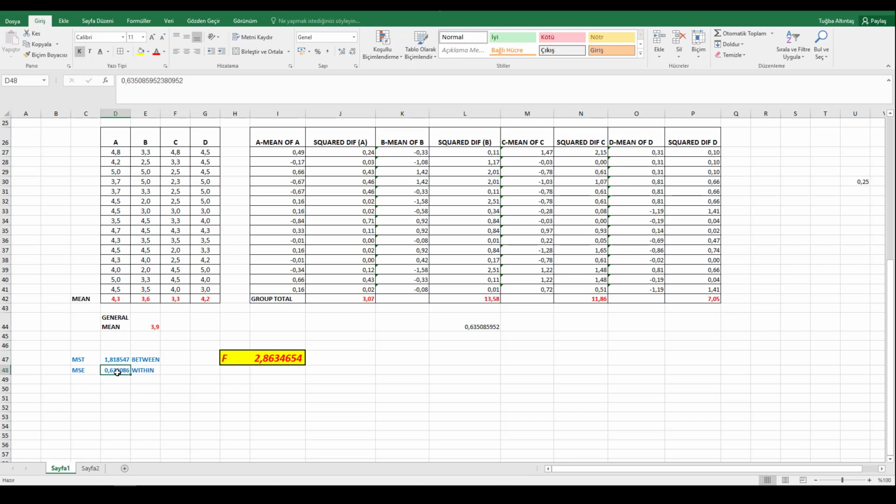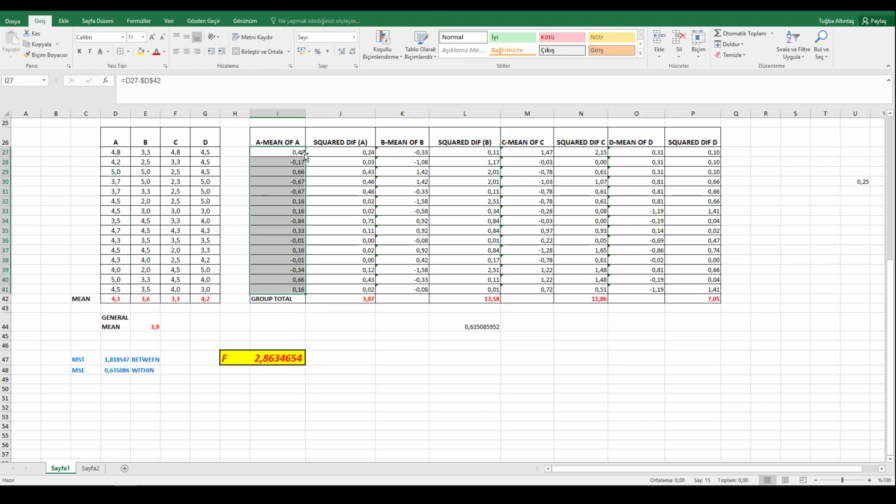How do we calculate it? It's longer than MST. We have all the differences. If you look at this column, you see the differences between each number in group A and the group mean, 4.3.